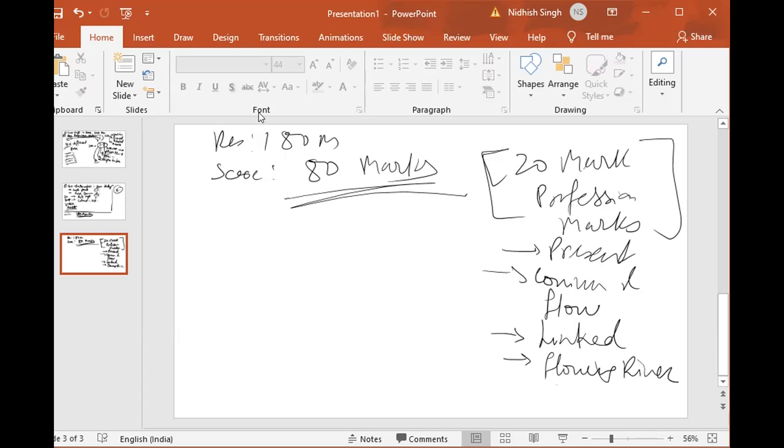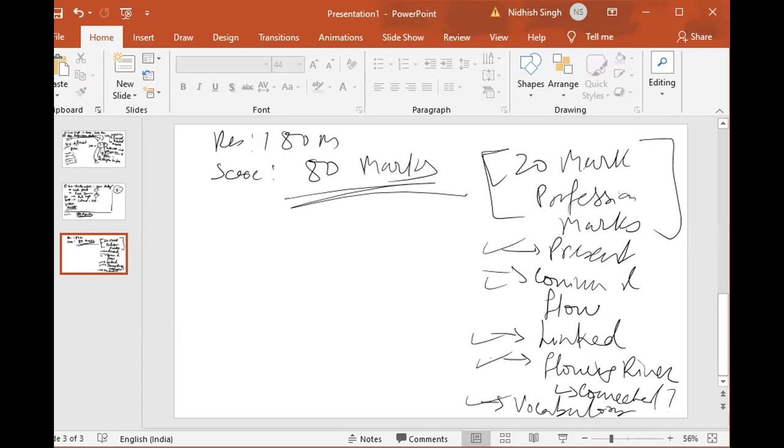Are they connected to each other? You need to pay attention to all such critical points, even the right selection of words. So vocabulary can also play a critical role. So 20 marks are allocated to your professional writing skill.